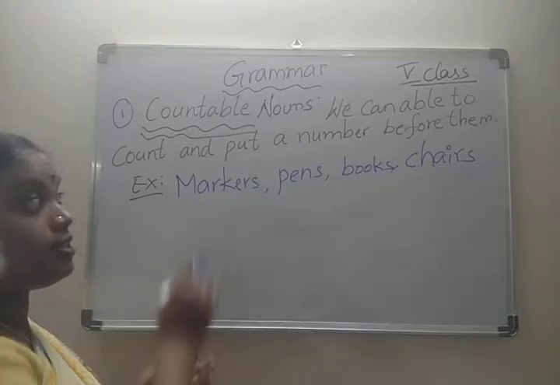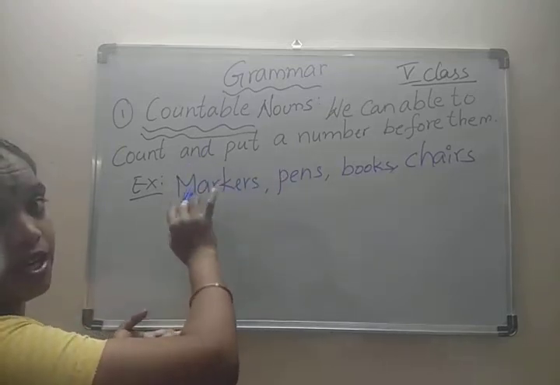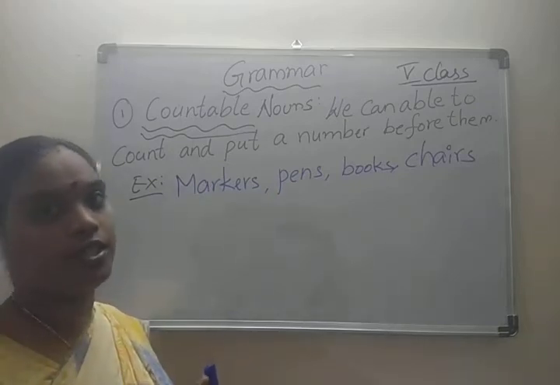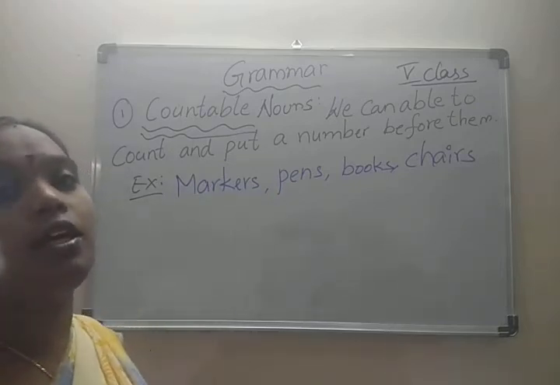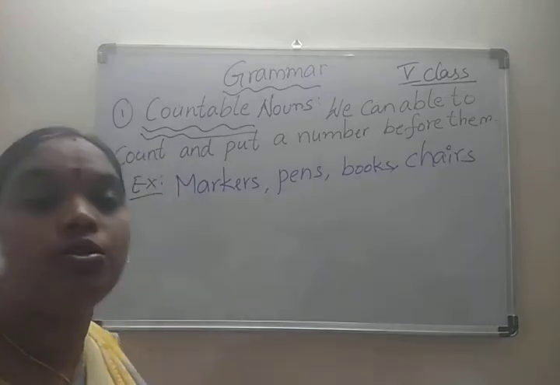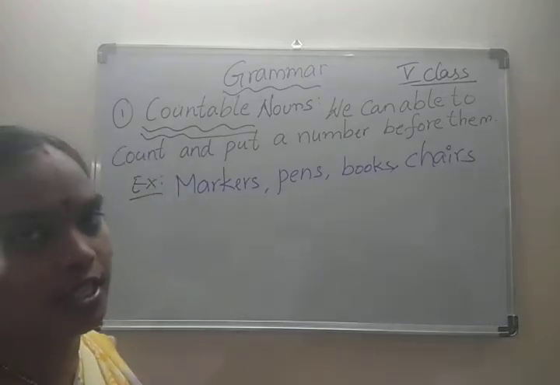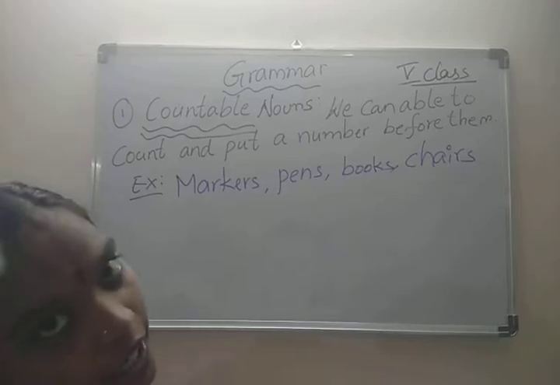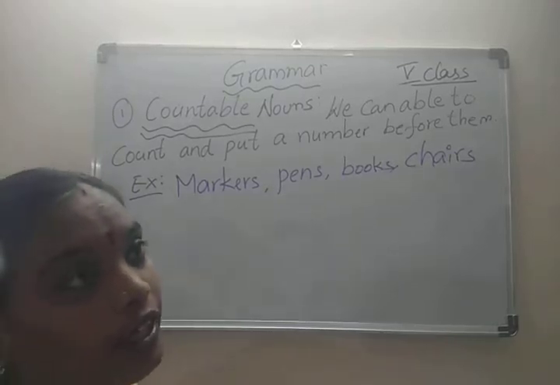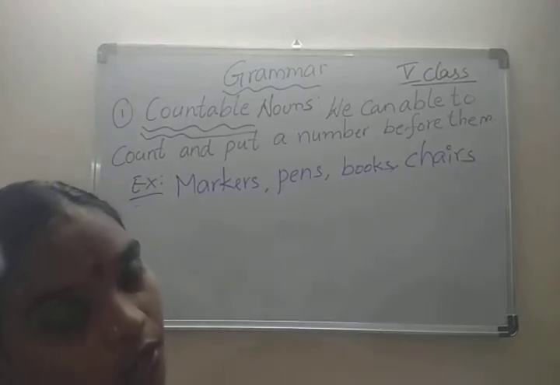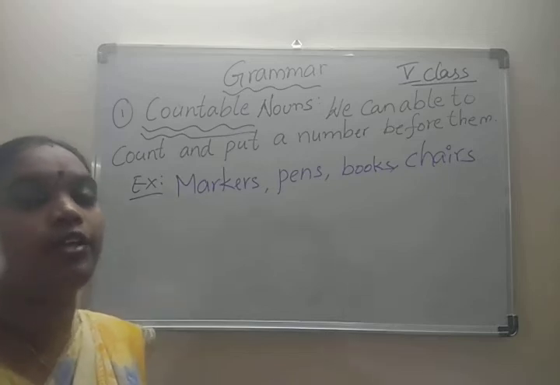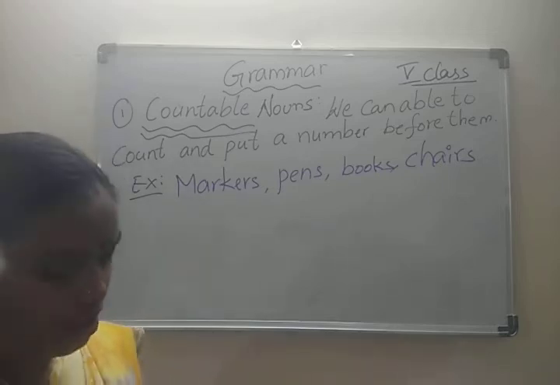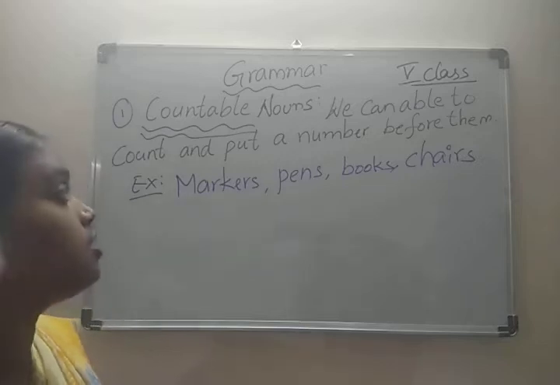Countable nouns have two types: singular and plural. Whenever we write a singular, we can use a before it, and if it begins with a vowel sound, we use the word an. So this is about singular.